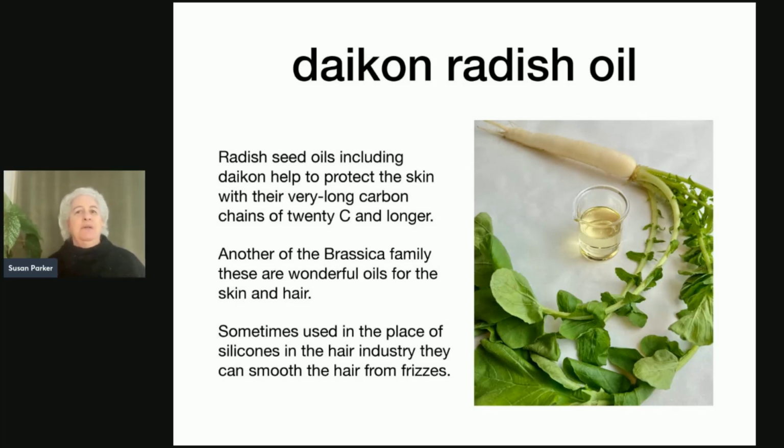And this makes a very different type of oil from, let's say, almond oil, which is mostly 18 carbons. That's science for you. 2 carbons makes a very different oil. Sometimes used in the place of silicones in the hair industry. The radish oils, and broccoli seed oil is similar, can help smooth hair frizziness when it gets too dry.